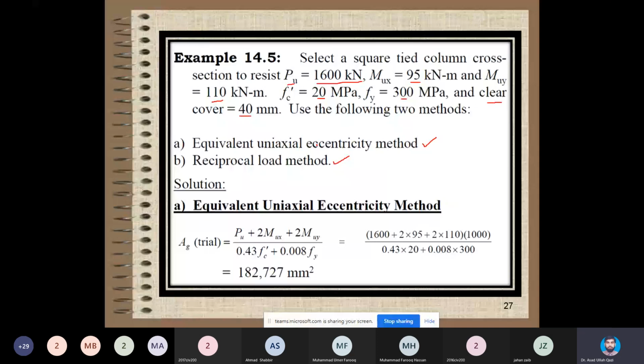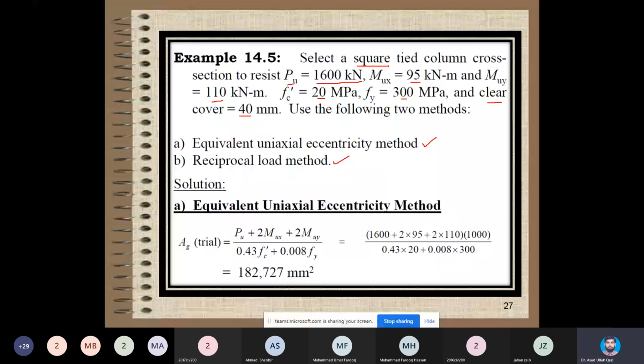Now, like any other design method, first thing is you need to size the cross section. You need to fix the cross section size. And since the general recommendation given is square, now how much should be the dimension of the column? You need to decide this.